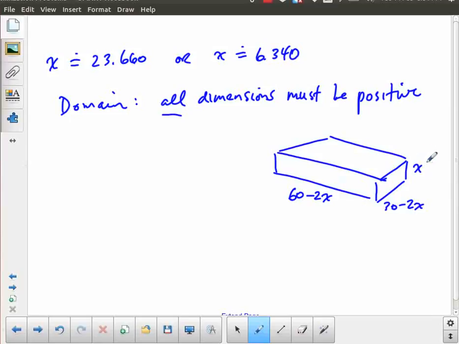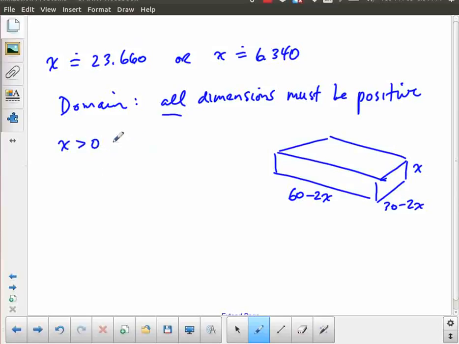So yes, the x is positive for both of these, but if we try out some of these values, we could do this two different ways. We could sub these values in, or we could just take a look at our x must be greater than 0.